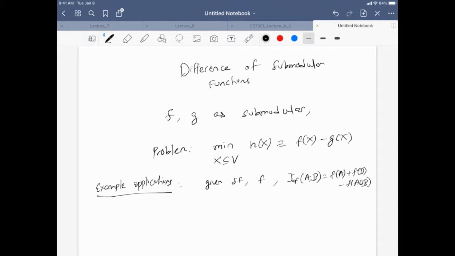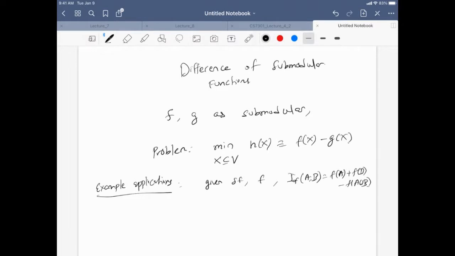For many of the functions that appear in practice, though, it is actually submodular. In fact, we saw this property about the third order partial derivatives being greater than or equal to 0, which implies the submodularity of this.